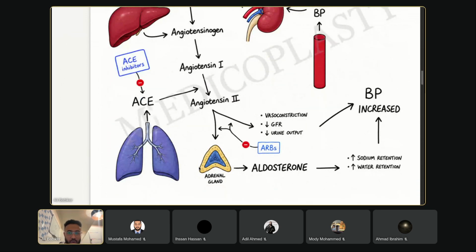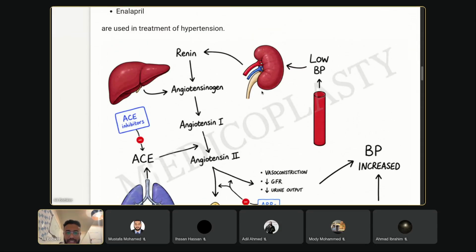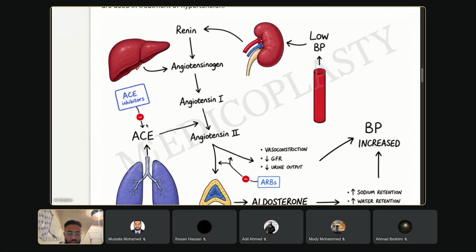This is the image, so you know exactly from what we just mentioned earlier the effect and how the renin works. Renin will change angiotensinogen to angiotensin 1, and then the angiotensin converting enzyme will change angiotensin 1 to angiotensin 2. If you see here, ACE inhibitors will prevent the formation of angiotensin 2 from angiotensin 1.